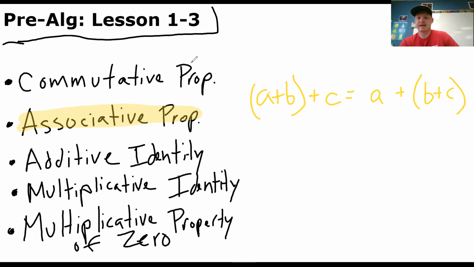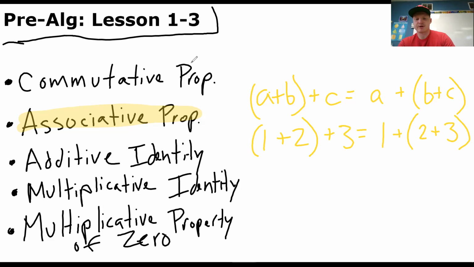For our first subset here, let's say a equals 1, b equals 2, c equals 3. That'll be the same over on this side. Let's try this out and see if we get the same answer. We have to use PEMDAS here. First off, P, which is parentheses.